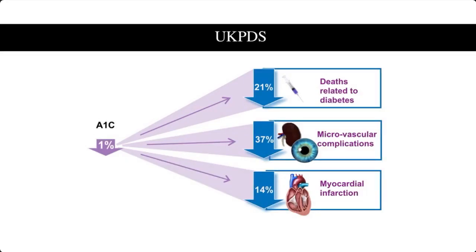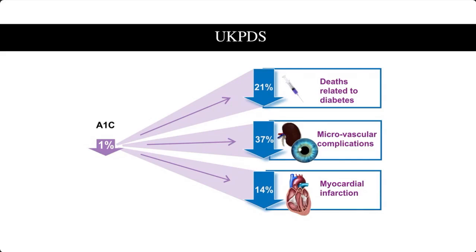So the main lesson from UKPDS: with each 1% reduction of hemoglobin A1C, we get a 20% reduction in diabetes-related death, a 37% reduction in microvascular complications, and a 14% reduction in myocardial infarction.